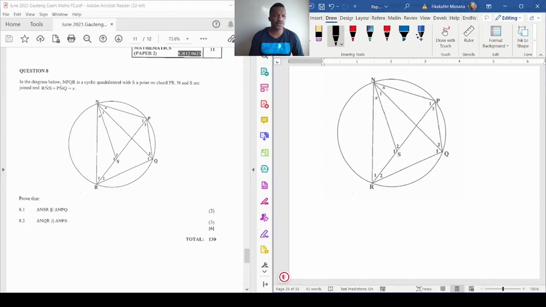Now it says prove that these triangles are congruent.